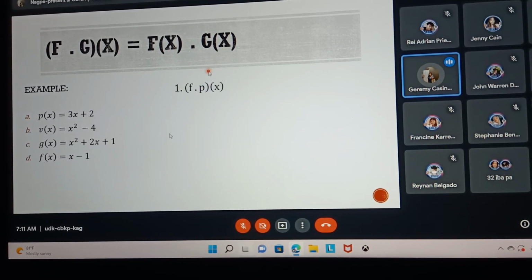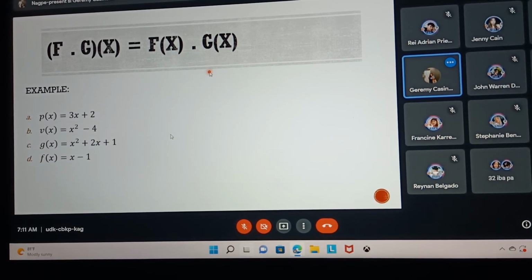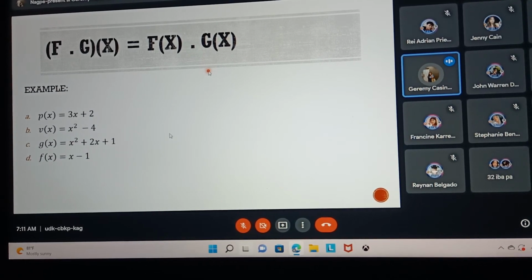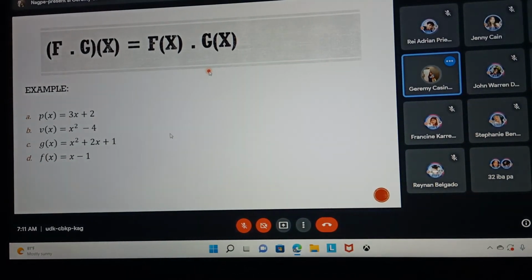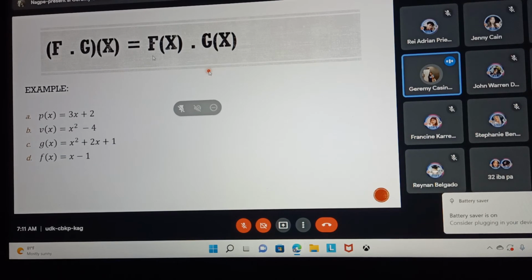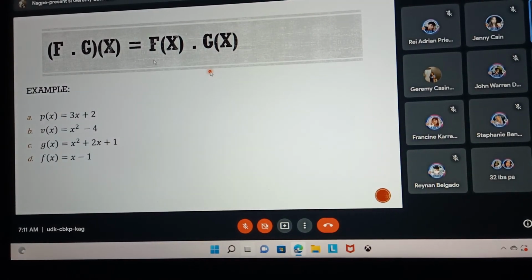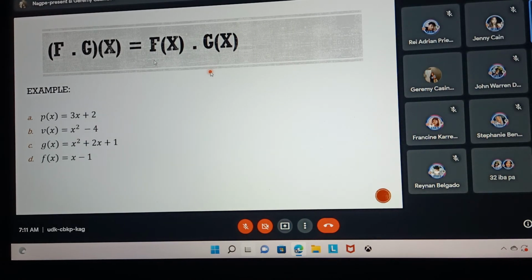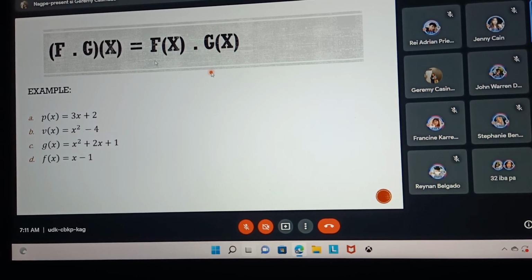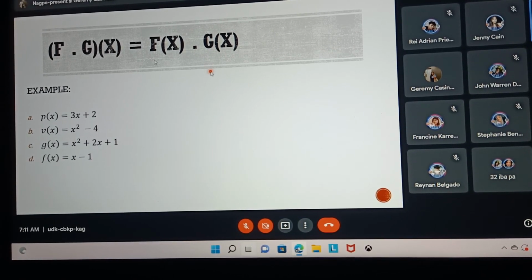Okay, so again, we have example number 1. So, we have again the different given. Okay, so paibasa naman those following given, Toledo. ABCD po. A, f of x is equals to x minus 1. B, p of x is equals to 3x plus 2. C, v of x is equals to x squared minus 4.